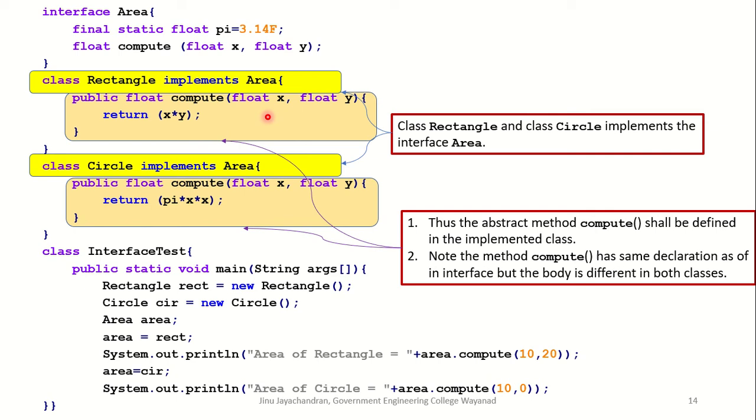So float compute float x comma float y, then you return the value of x into y. In circle, again the same declaration as the interface, float compute float x comma float y, and then you return pi into x square, x into x, which is basically the area of the circle. Here you are not using y, but you still need to declare it because you are implementing from the interface, and the interface has the method declared like float x comma float y.